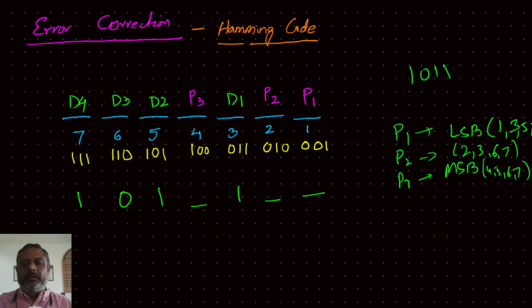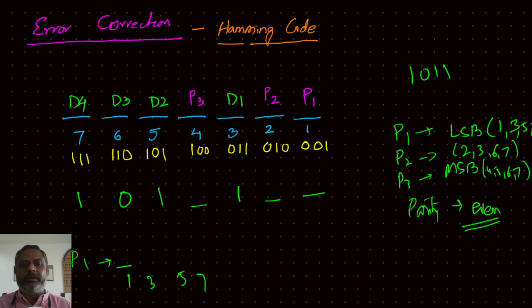Right. So if you want to find out what P1 is, we need to first define what parity we are using. Say we assume that we are working with an even parity system. Then for P1, what are the bits we need to work with? 1, 3, 5, 7. What is there at 1? We don't know. What is there at 3? We have a 1. What is there at 5? We have another 1.